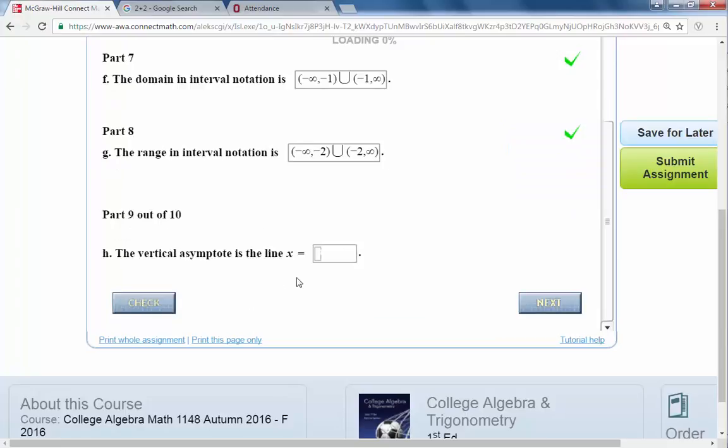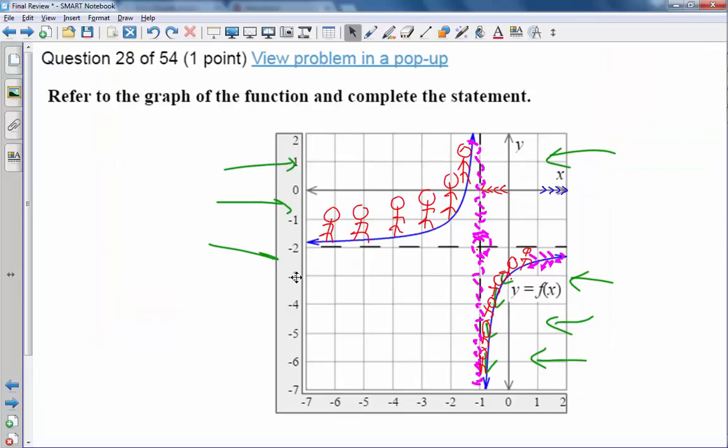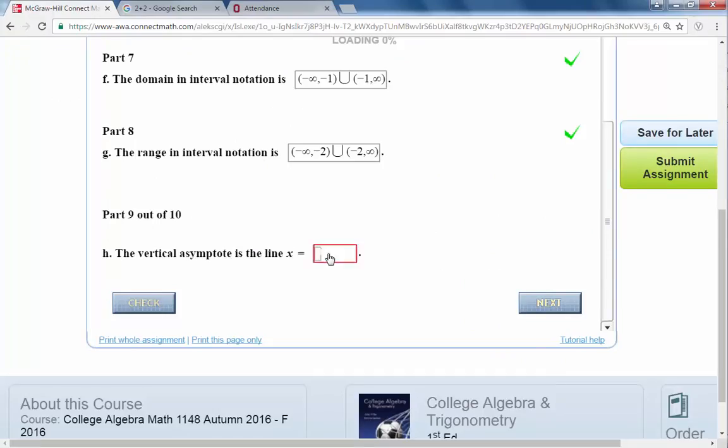Alright, what is next? Vertical asymptote. Whenever your function goes all the way up in the middle of the screen and you disappear there, that line is called the vertical asymptote. What is the equation of this line? Negative 1, well, how do we type it? X equals negative 1.